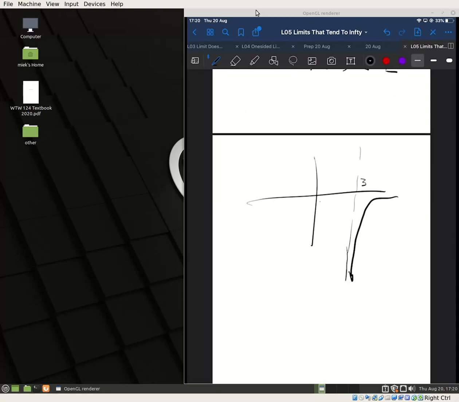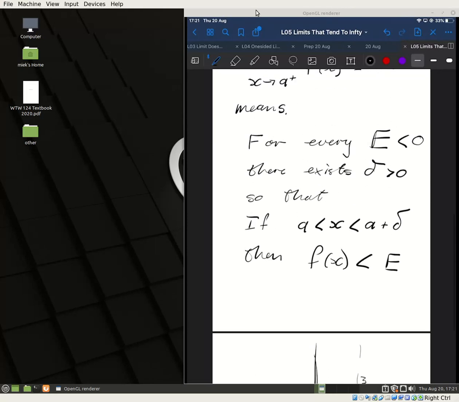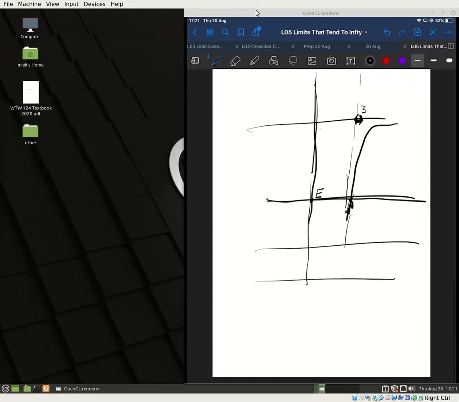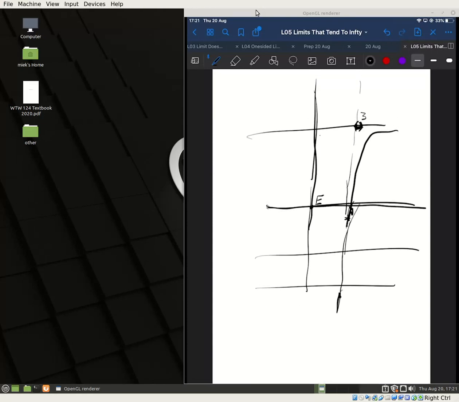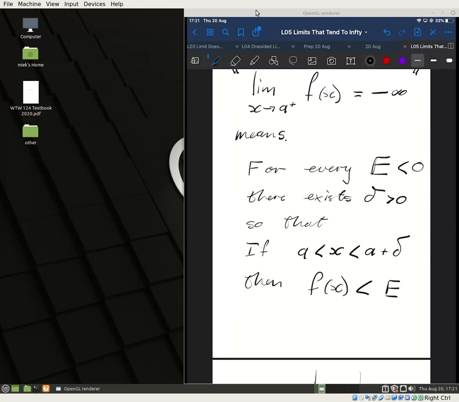If you've got a function that tends to minus infinity when it gets close to 3, this says it doesn't matter how large a negative number you take, you should always be able to find a delta, so that if you are within this interval of length delta, all the function values f of x lie below this horizontal line at E. And it doesn't matter what value you take for E, you can take it more and more negative and you should be able to find an interval here so that all the function values lie below that line. Okay, so that is the idea.